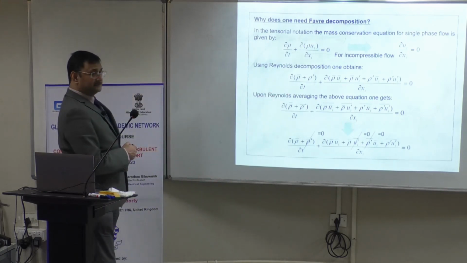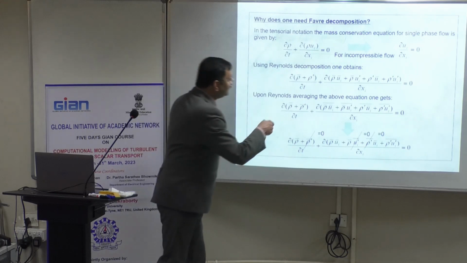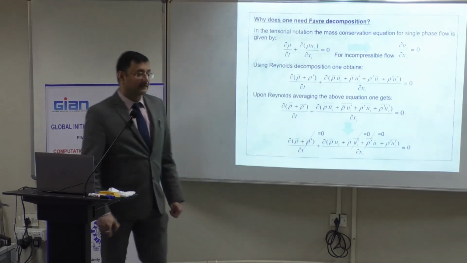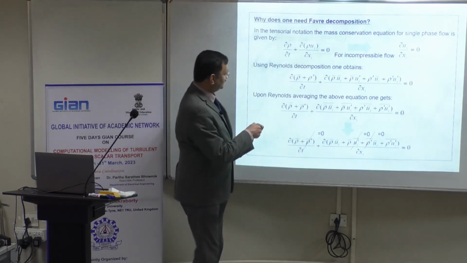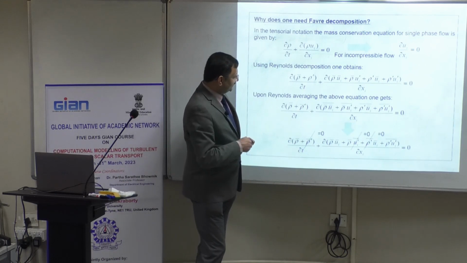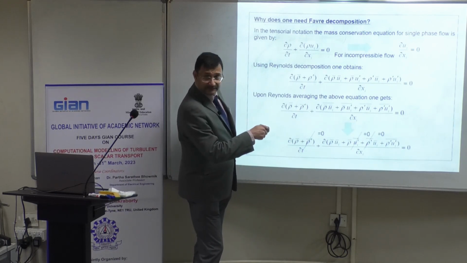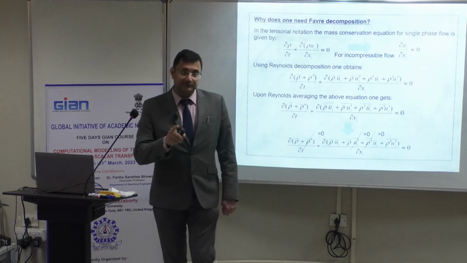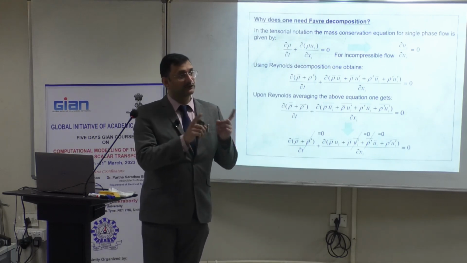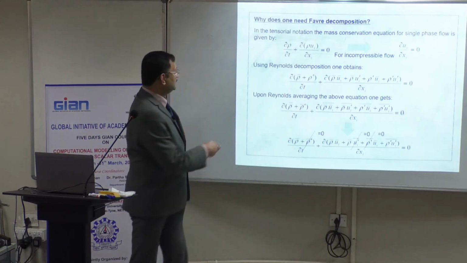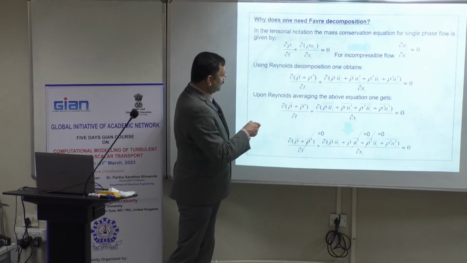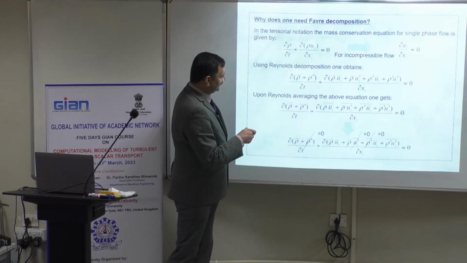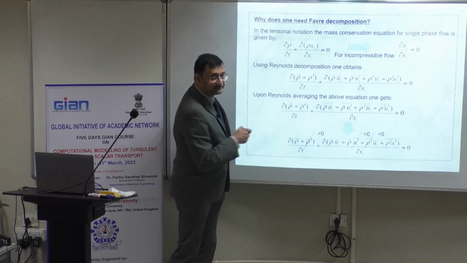At this point, let me Reynolds average this equation. Let's look at things one at a time. If I take average of this quantity, I have already told you Reynolds averaging and differentiation commute. So that means if I take an over bar here, essentially I have to consider the over bar of this quantity.